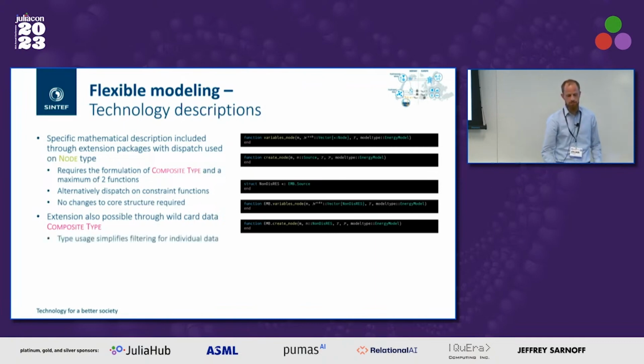And then again, the type usage simplifies that we can use the proper function which we want to. And that is not really easily doable in other technologies. And as mentioned, can be separate functions, for example, for classical LCA analysis.